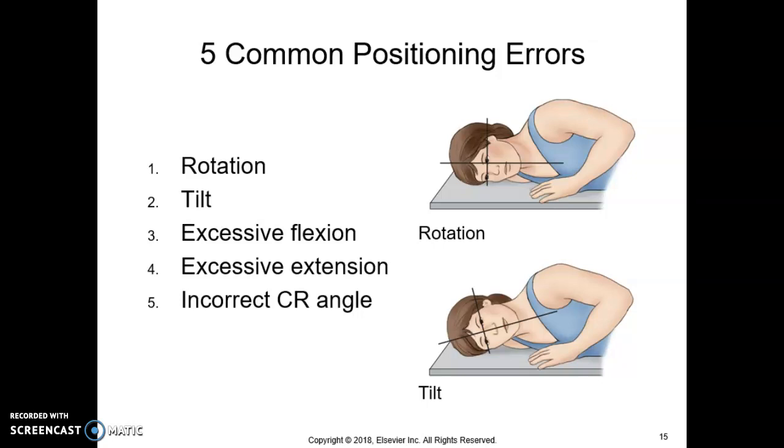These are all areas that can be easily missed or manipulated that will give you a less than stellar X-ray of the skull. So any of these positioning descriptors that we use are to keep us from making these errors, to really be conscious of what needs to line up, how to line that up, or what to do if one of these things does happen and how to correct it.